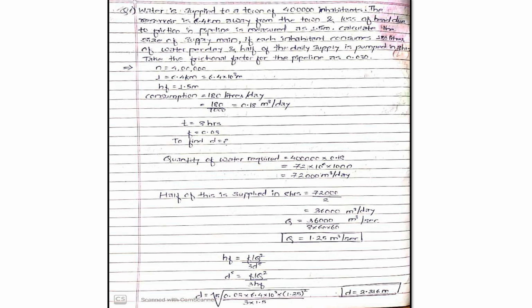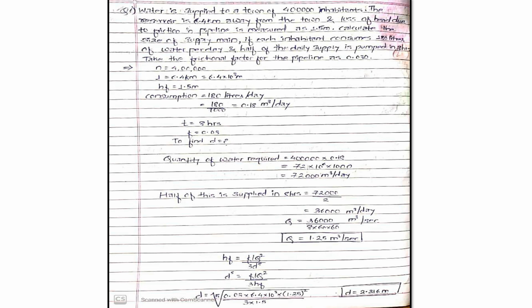This you want to calculate into discharge, converting per day into per second. How? Divide it by 8 into 60 into 60: 36,000 divided by 8 hours, into 60 minutes, into 60 seconds. It is found that Q is equal to 1.25 meter cube per second. Applying the equation HF is equal to FL Q square divided by 3D raised to 5, you want to calculate the diameter of the main pipe.